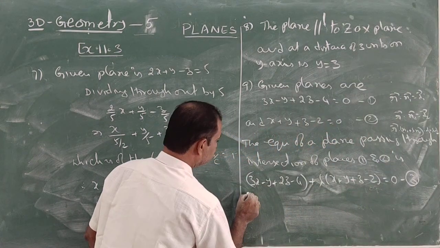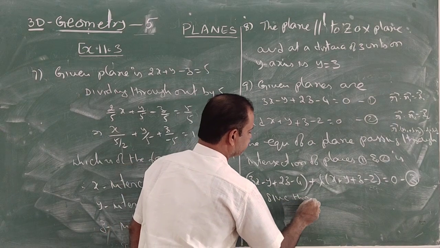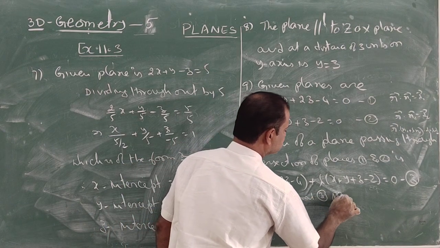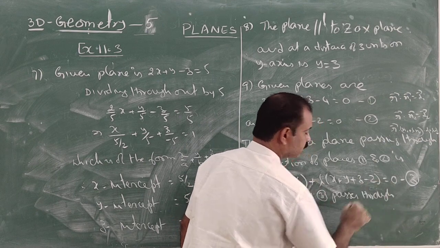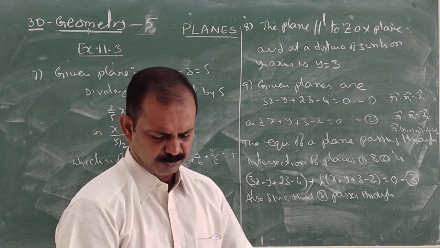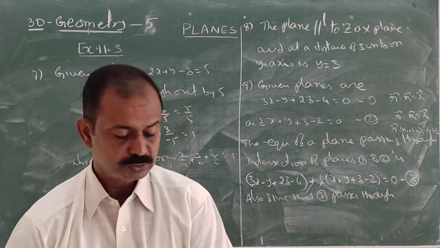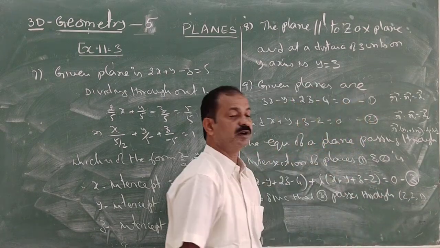Now what is given? It is also given that the plane passes through the point (2, 2, 1).